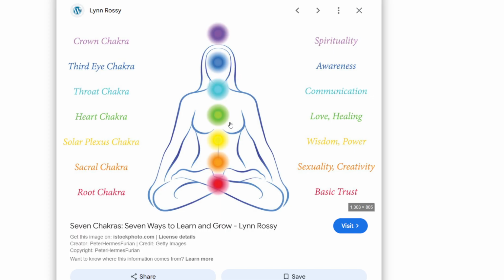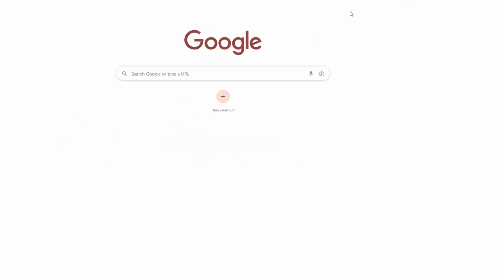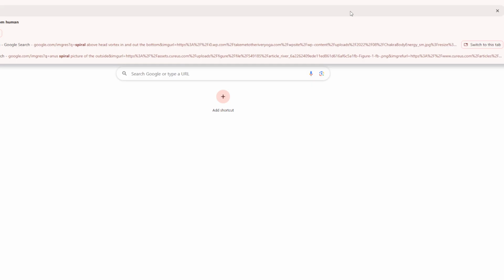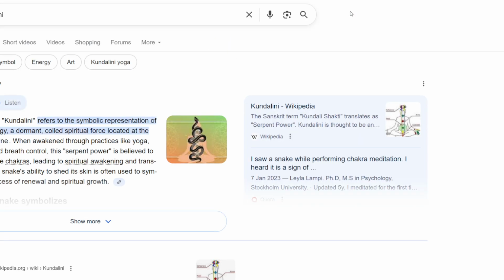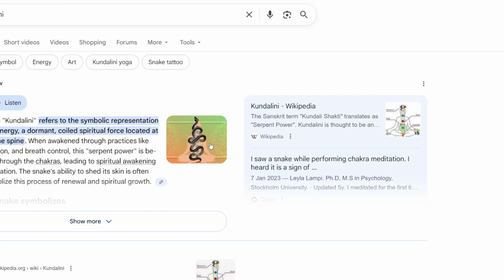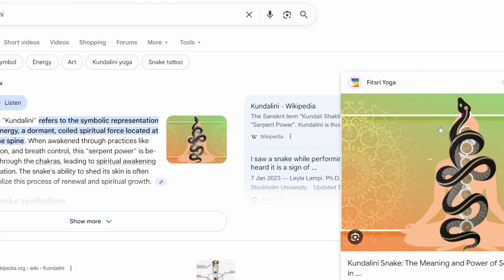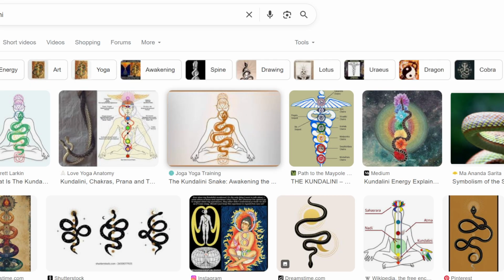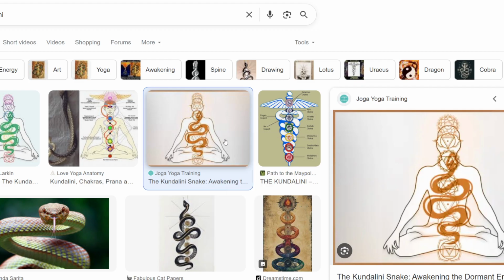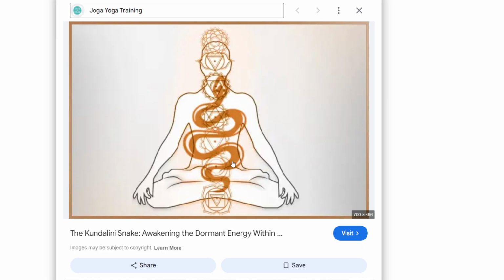In two dimensions, if you have seen, there is a popular image of a snake as kundalini. Here it is shown as a snake moving along, three and a half coils, one, two, three and a half.